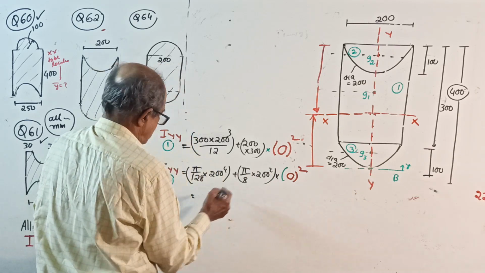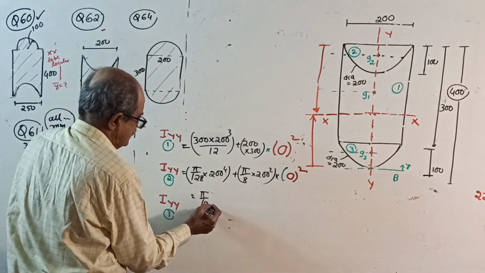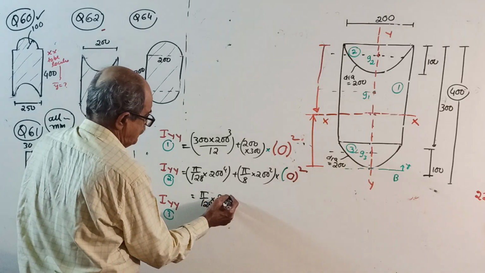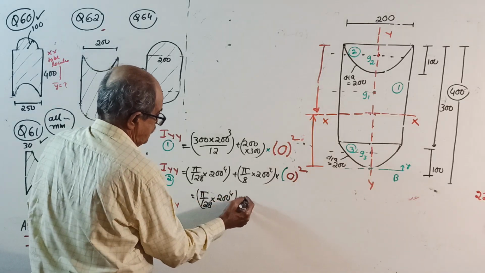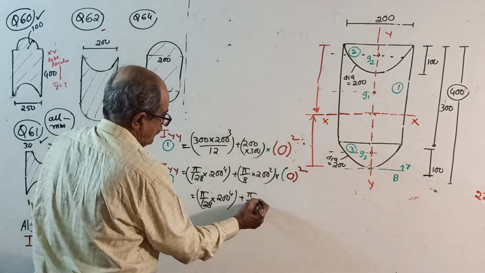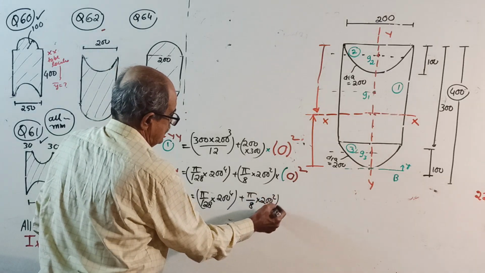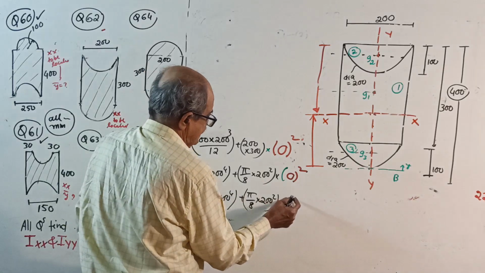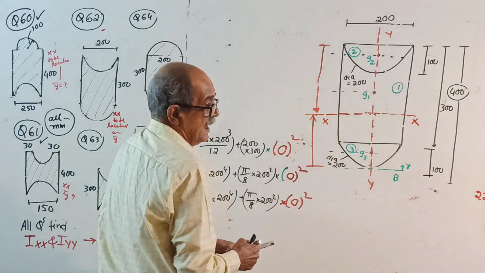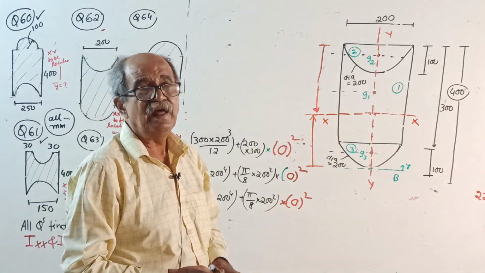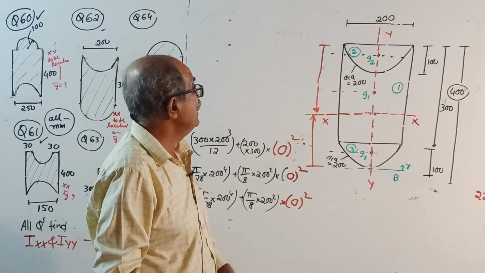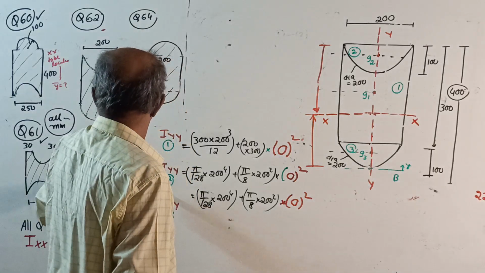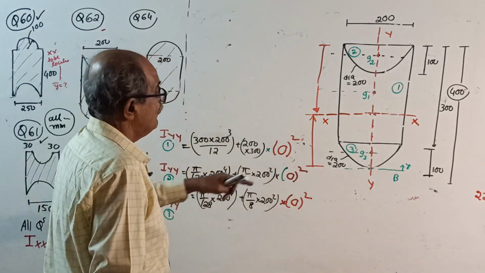Lastly, for 3, pi by 128 of again 200 power 4 Ig, plus pi by 8 of 200 square, into once again 0 square. Calculate all the three. Final Iyy is Iyy for 1 minus Iyy for 2 plus Iyy for 3.